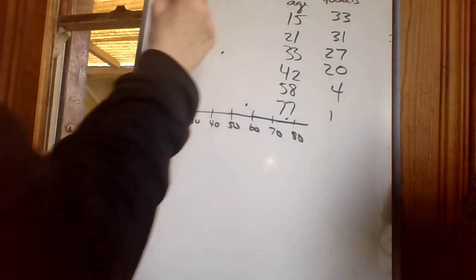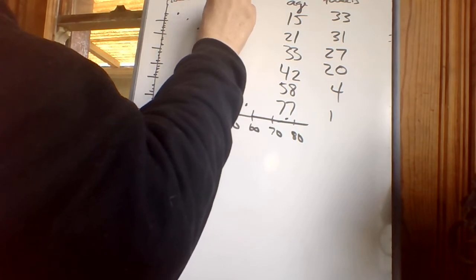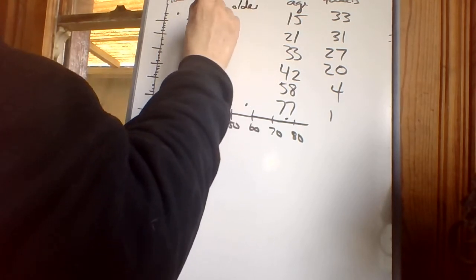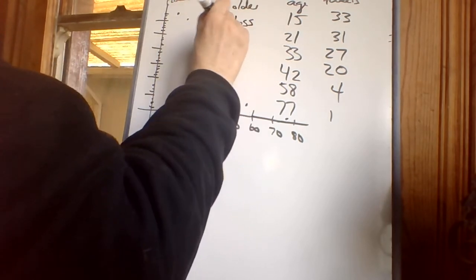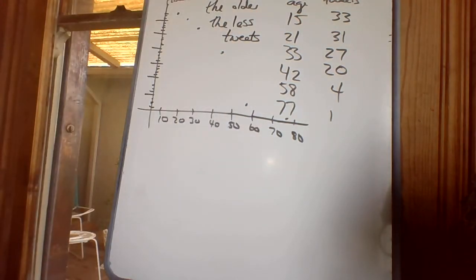So I could say the older, the fewer tweets. You could say the younger you are, the more you tweet. It would be a little weird to say the fewer tweets you do, the older you get.